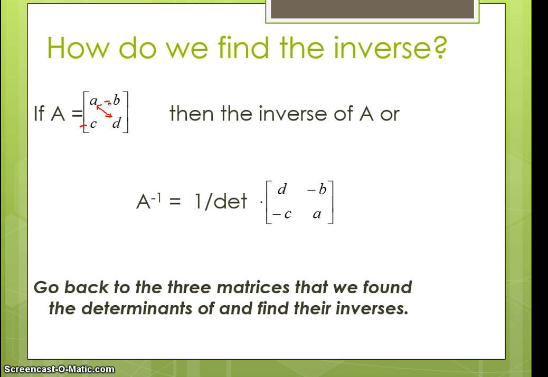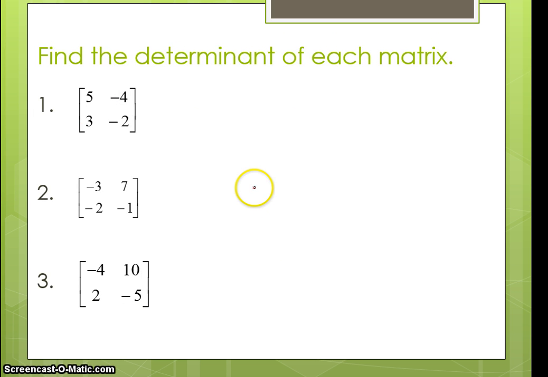So looking back at the 3 we just did, we already found the determinant. For this first one, the determinant was 2, so to find my inverse, I know it's going to be 1/2 times, and then I'm going to switch those two. So my first one becomes negative 2, the last one is now 5. And then for my other two elements, I change their sign.